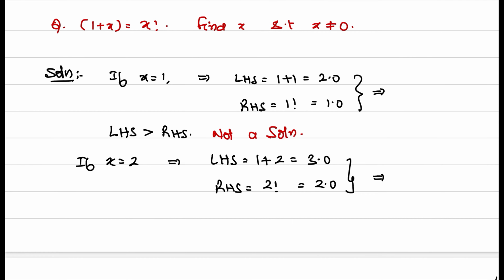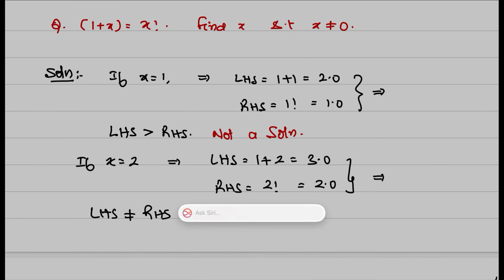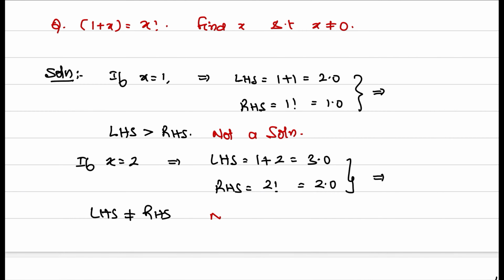Almost, left hand side is 1.5 times the right hand side. Hence, here left hand side is not equal to right hand side. Hence, this solution is also not acceptable.